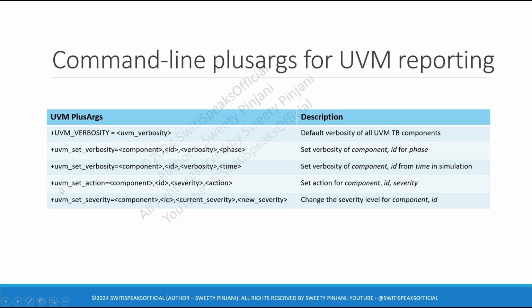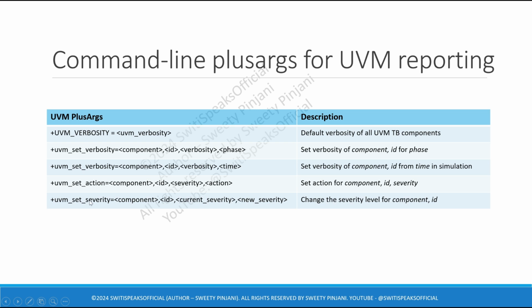If you want to set a particular action, then you will use UVM_SET_ACTION. It can take arguments like component, ID, severity, and action. As the name says, it's set action. It means this is used to set the action for the component, ID, and severity which you are passing.